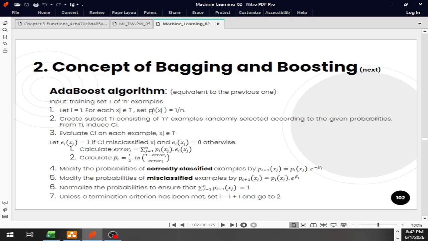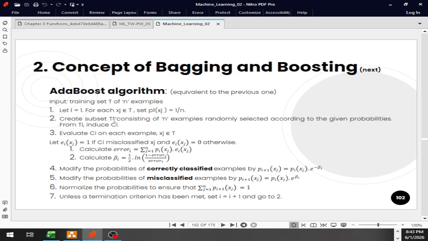Imagine we have 10 elements, so the probability of picking one number or one element is 1 over 10, and all of them are equal. And for some who still don't have a clear idea about what is that bootstrapping thing where we pick and put back, look, here it says create a subset Ti.